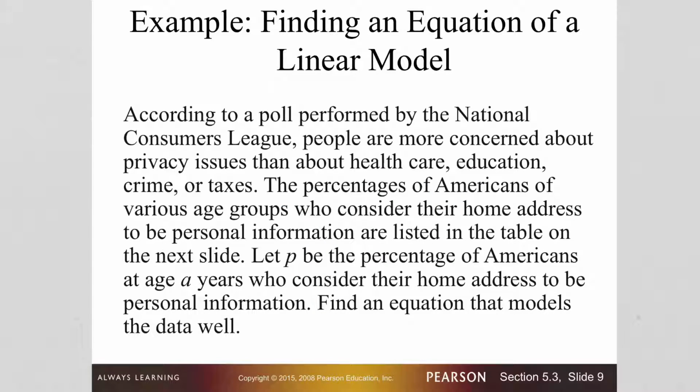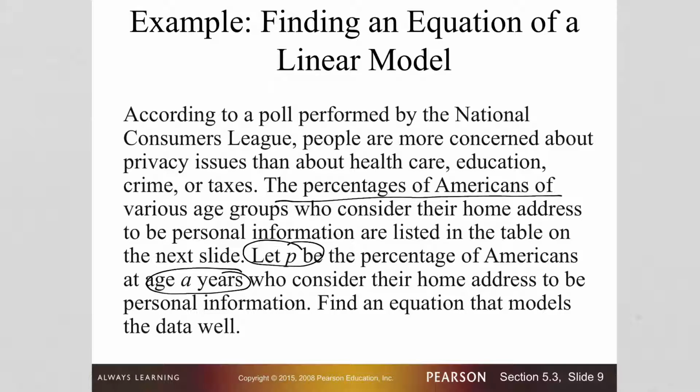Okay, so now on to our next problem. In this problem, we are worried about our privacy issues. It says the percentages of Americans of various age groups who consider their home address to be personal information are listed in the table on the next slide. Let P be the percentage of Americans at age A years who consider their home address to be personal information.